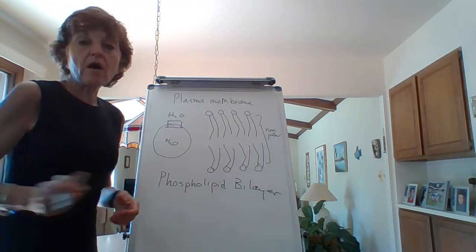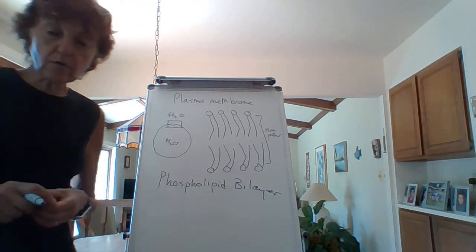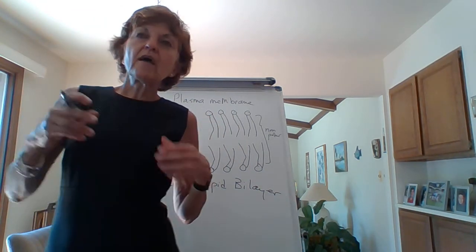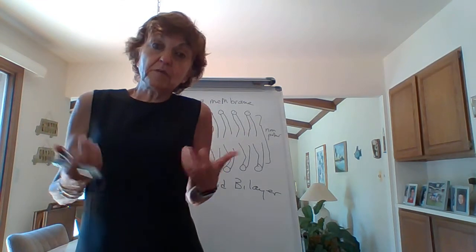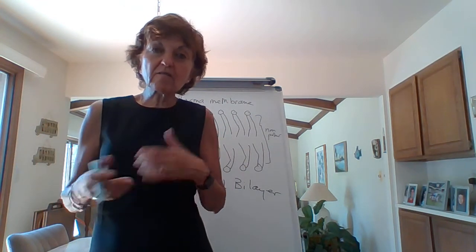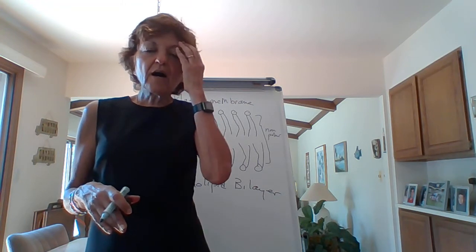All right, now on your what-you-need-to-know list, I wrote, know the emulsifying properties of phospholipids. Now, as a baker, I love to bake. I'm always thinking about what's going on when I'm baking something on a molecular level.